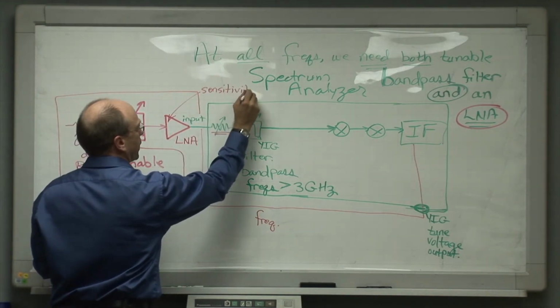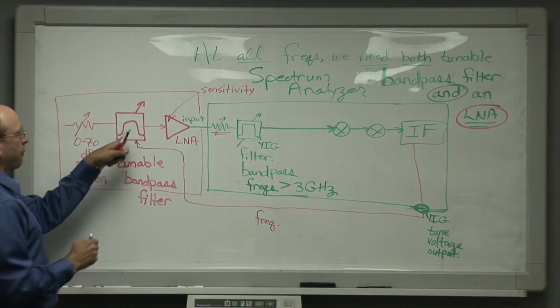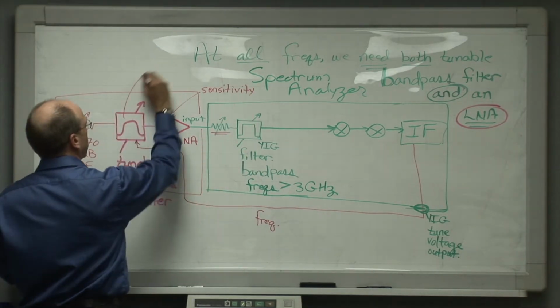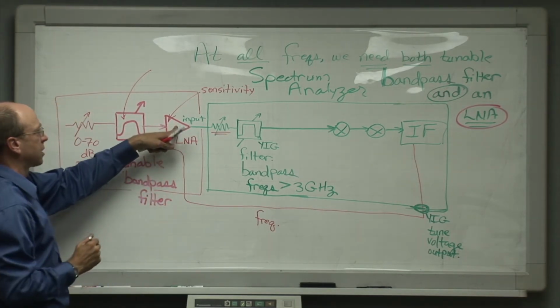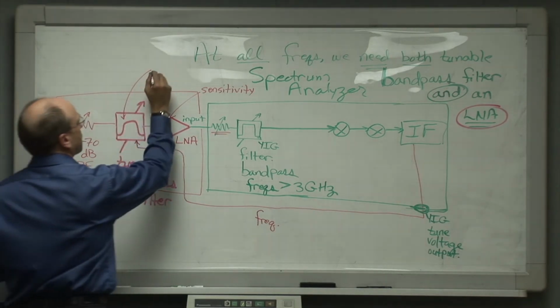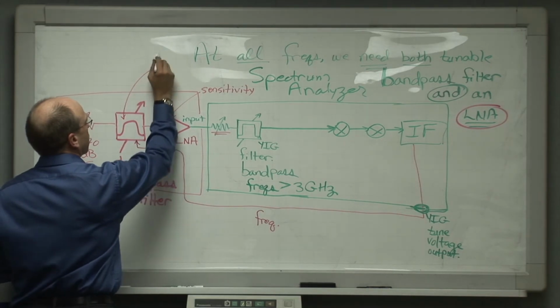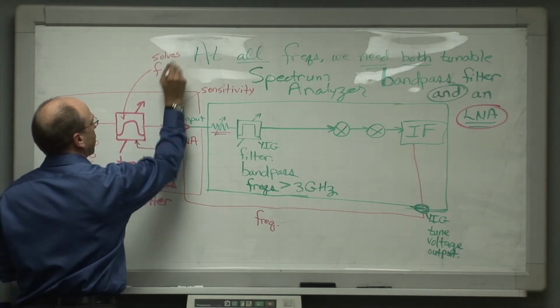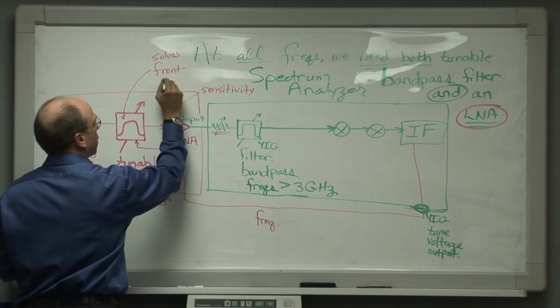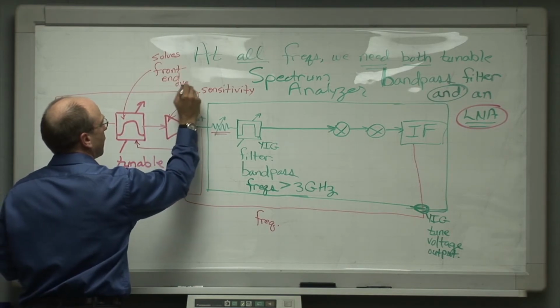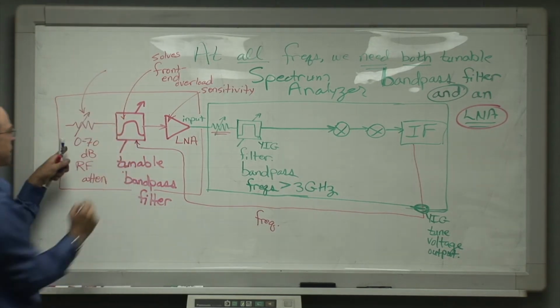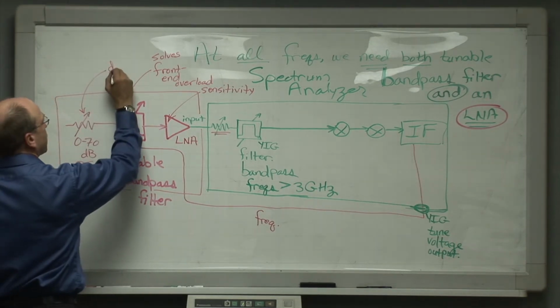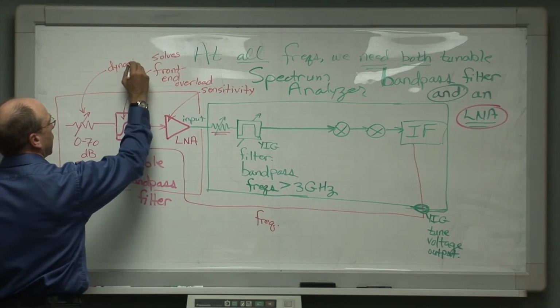That was problem number 3 that we had in the introduction. And then we have the tunable bandpass filter to protect this thing from being overloaded when we're not tuned to the center frequency of the radar. So this protects from front-end overload, or solves the front-end overload problem. And then we have the 0 to 70 dB RF attenuator, which solves the dynamic range problem.